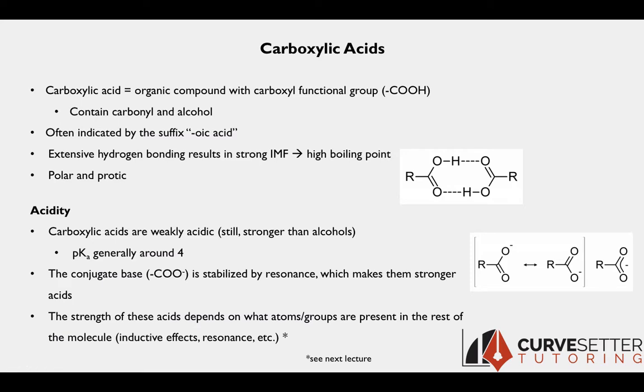So now let's move on to carboxylic acids. I'm sure you guys are aware carboxylic acids are compounds that have the carboxyl functional group, which has a carbonyl and an alcohol.